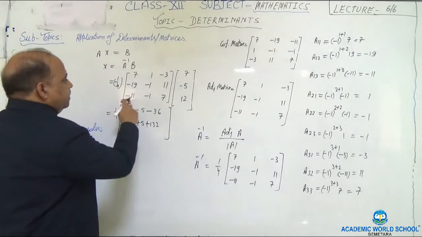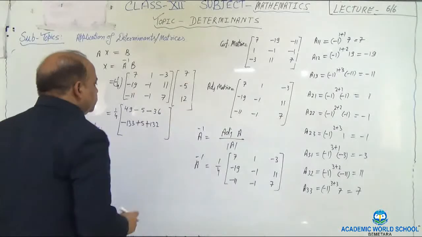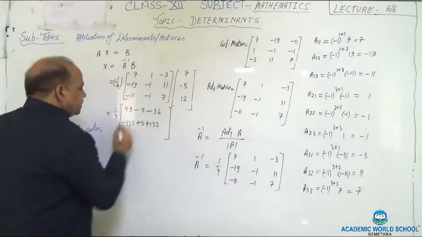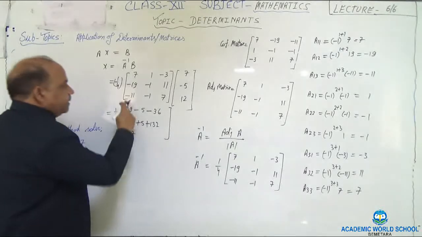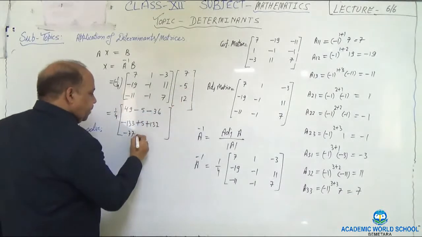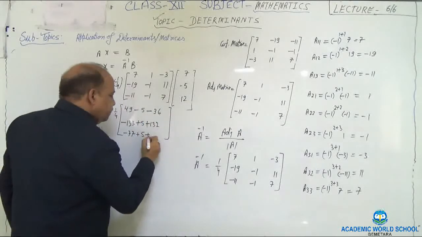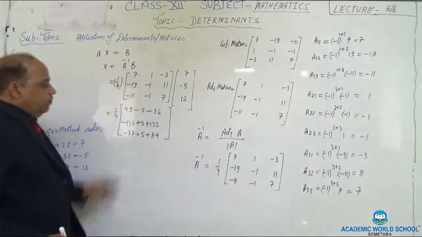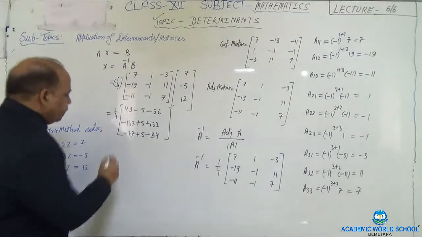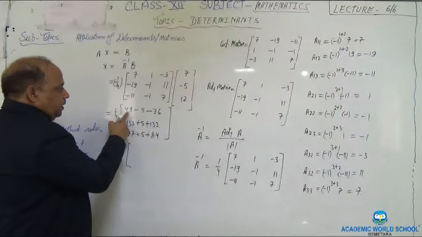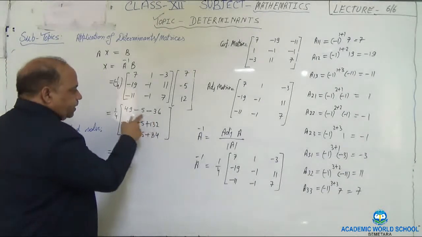Now multiply the third row by this one. If I multiply the third row by this, it gives you minus 77, minus 77. This becomes plus 5, and then 12 sevens are 84. It becomes 84. We have multiplied that also. Let's further simplify and see what comes. 1 by 4, it will become 41.